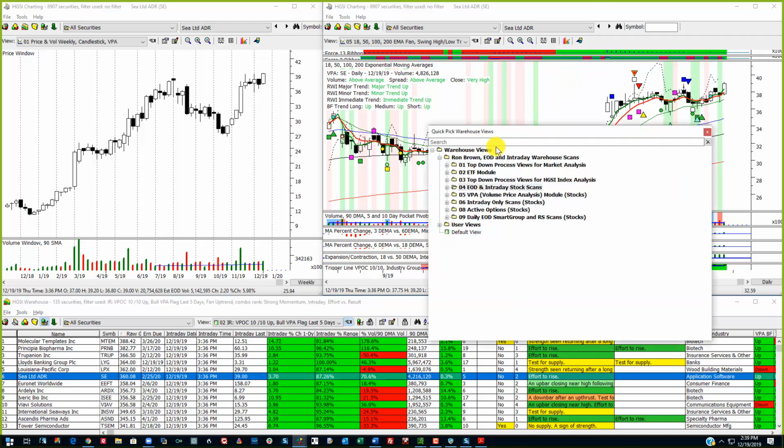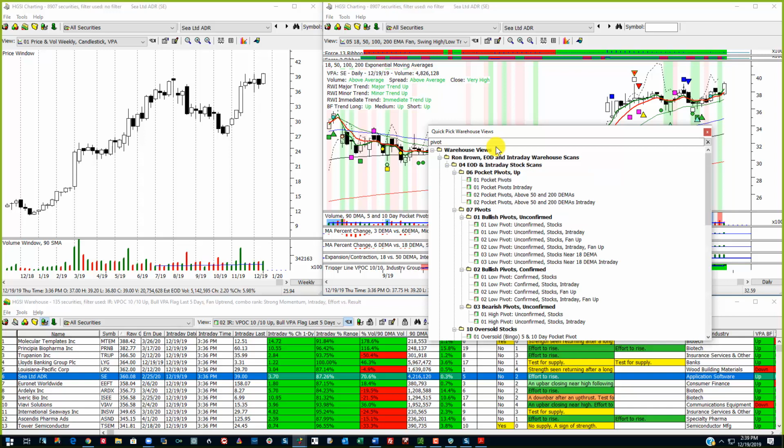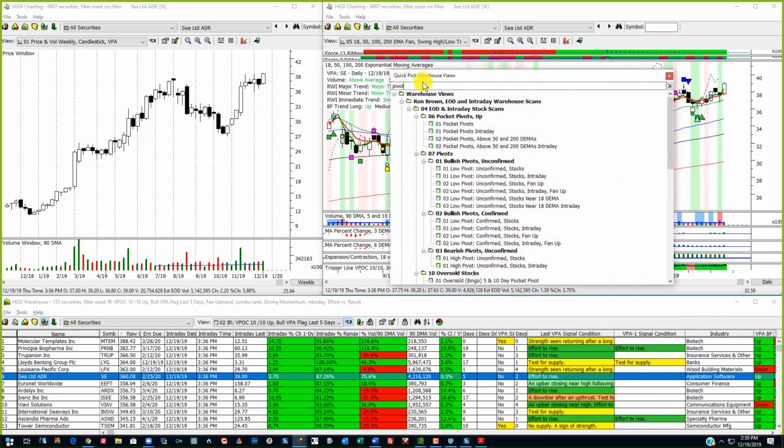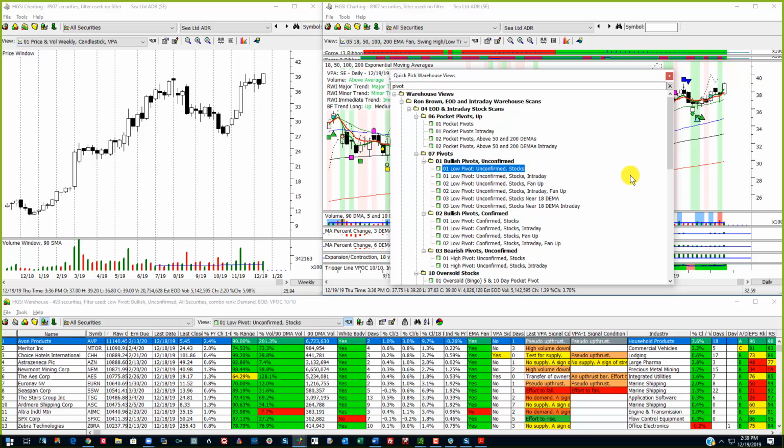Now let's get into some of the screens. I'm using my warehouse views, and I'm just typing pivot in here. I don't know if you use this. I've said this before. If you're not using the quick pick and the search, you're spending time that you don't need to spend. Now, these are the low pivots, unconfirmed, and here's the intraday.